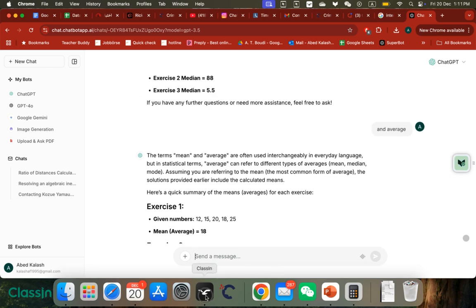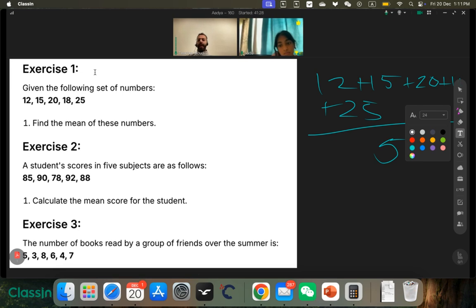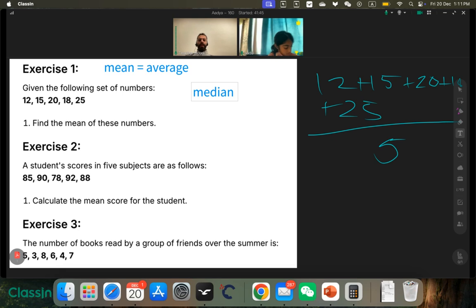One thing we need to be aware of: the mean is the same as average. The median is the 50%.